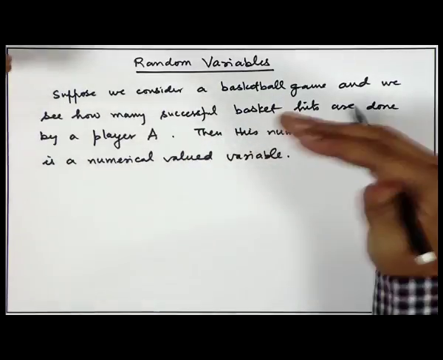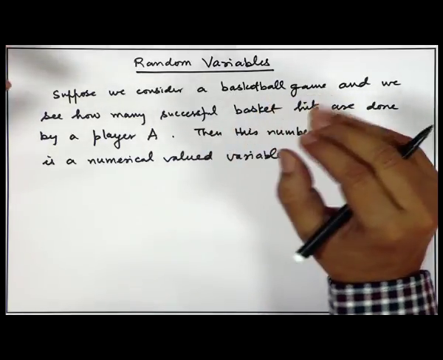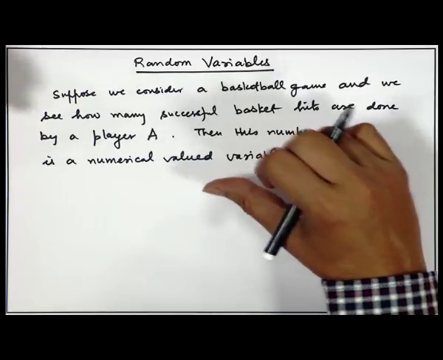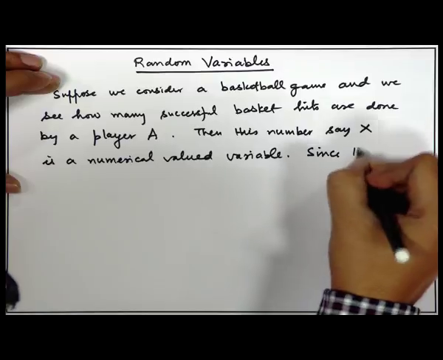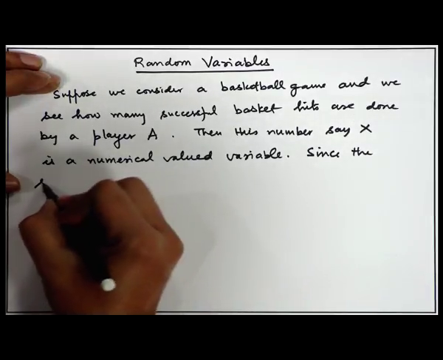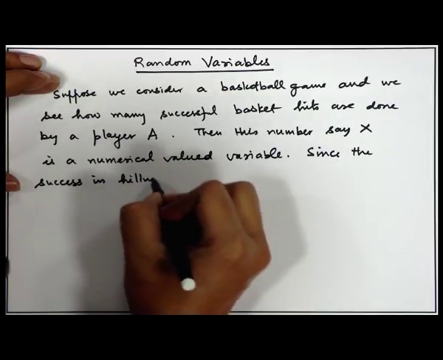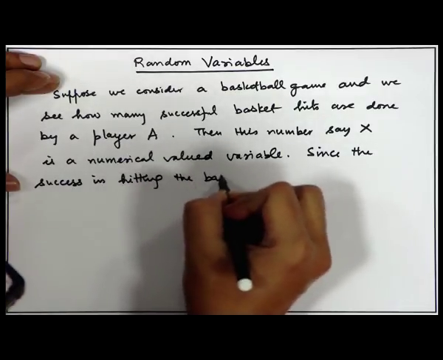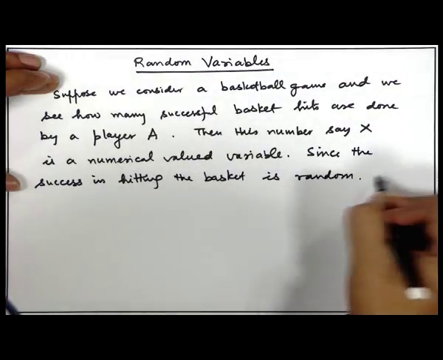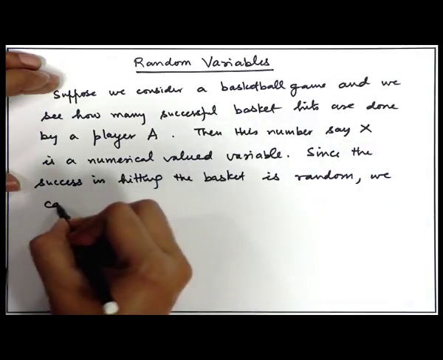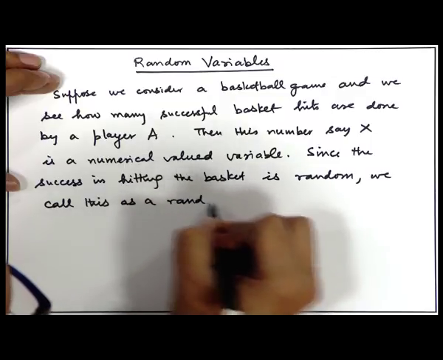Since the playing of the match and how many he will be successfully hitting is itself a random event, this becomes a random variable. Since the success in hitting the basket is random, we call this a random variable.